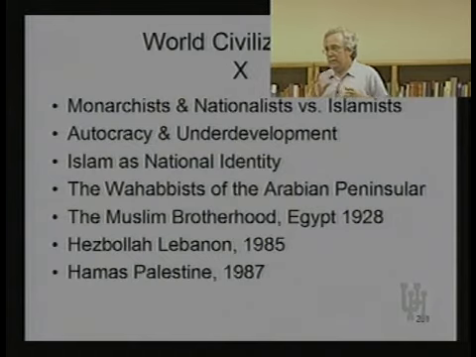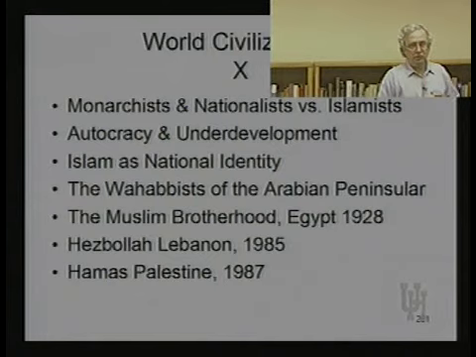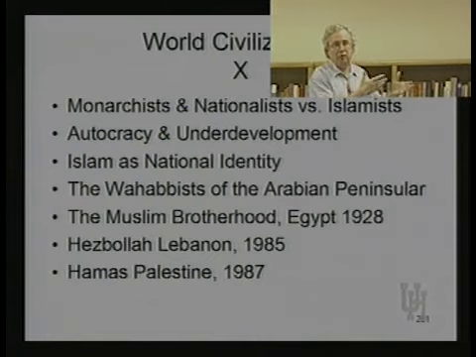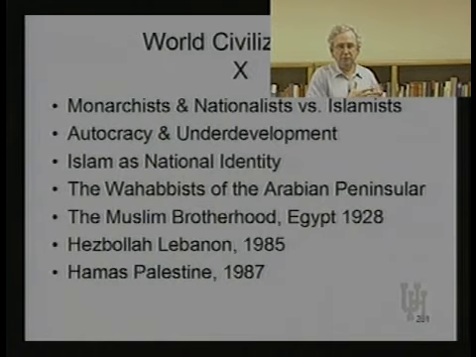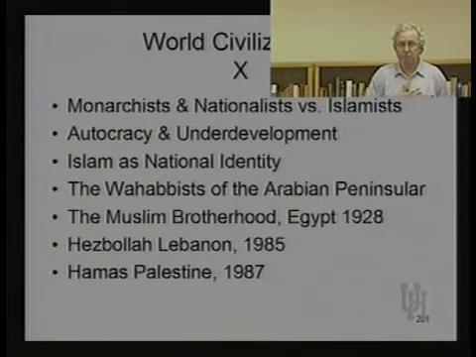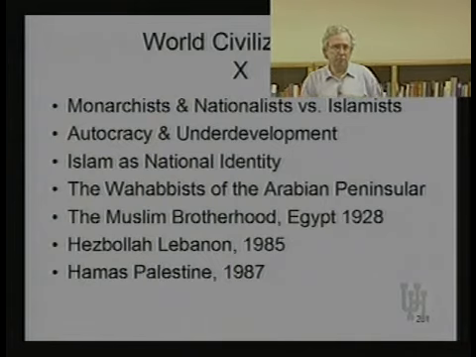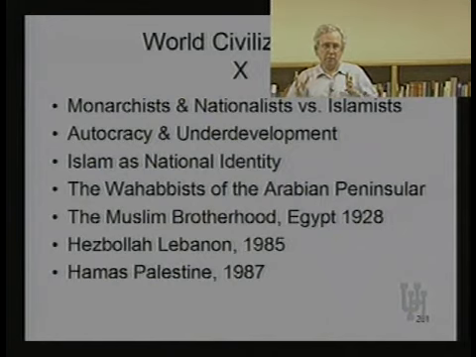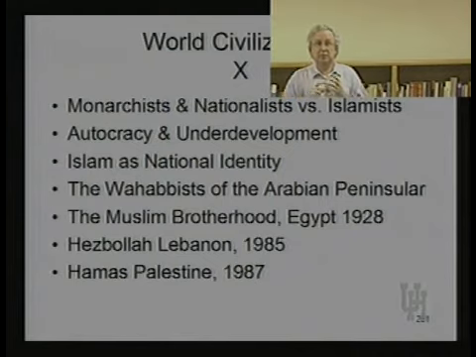So by the 1970s, we're really looking at two groups in the Middle East that dominate. The monarchical regimes that had survived since being set up by the Europeans in the 1920s in places like Jordan and Saudi Arabia, Kuwait, and the nationalist regimes, which had usually displaced monarchies in places like Egypt, Iraq, Syria.